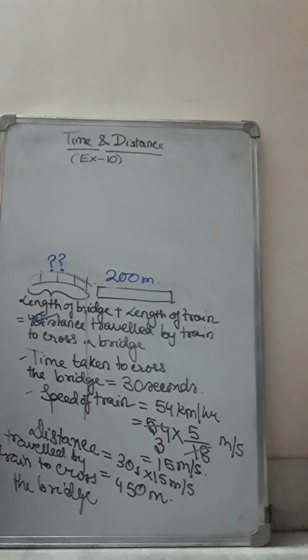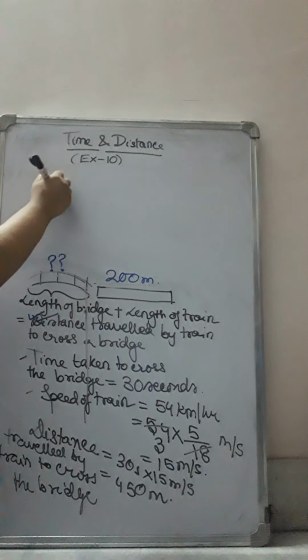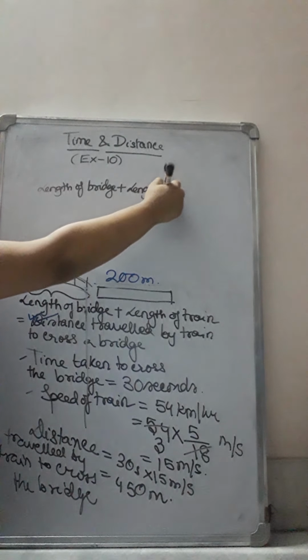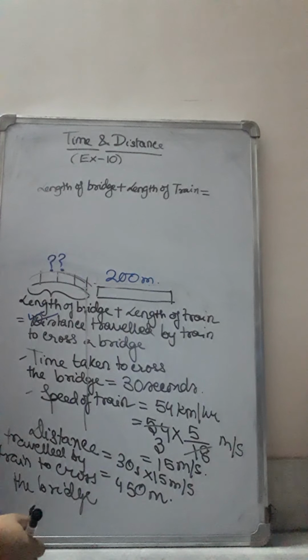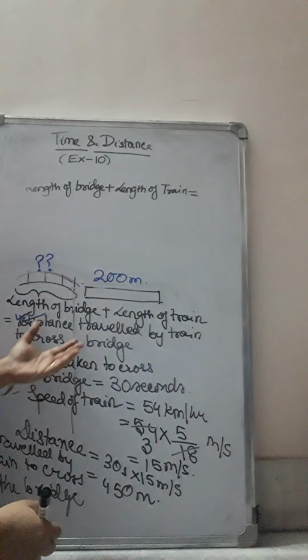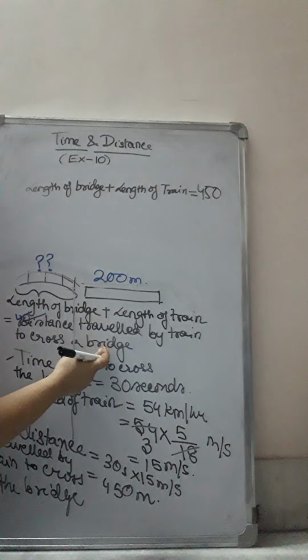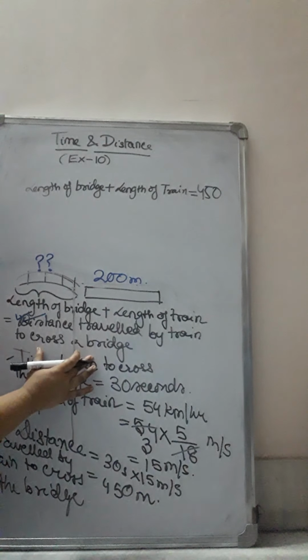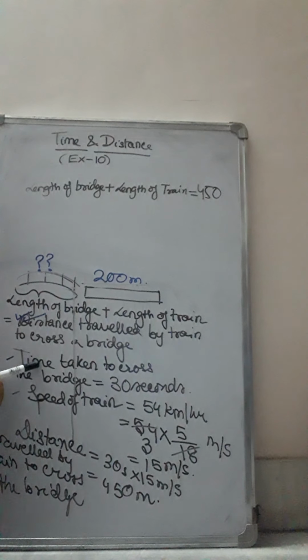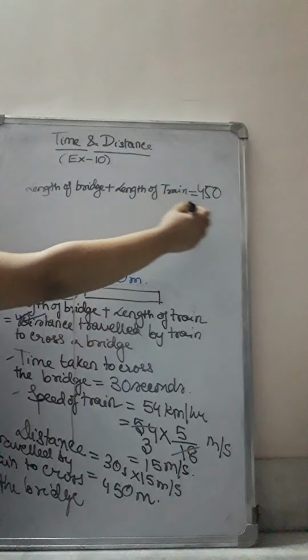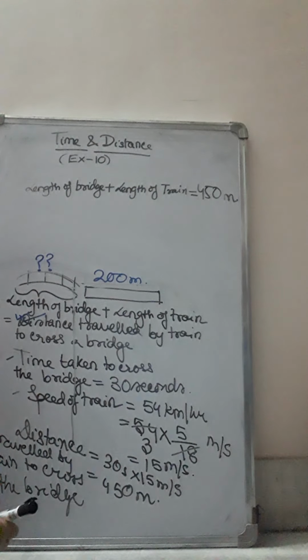So we can write: length of bridge plus length of train equals the total distance covered by the train to cross the bridge, and from the time and speed we found the actual distance is 450.